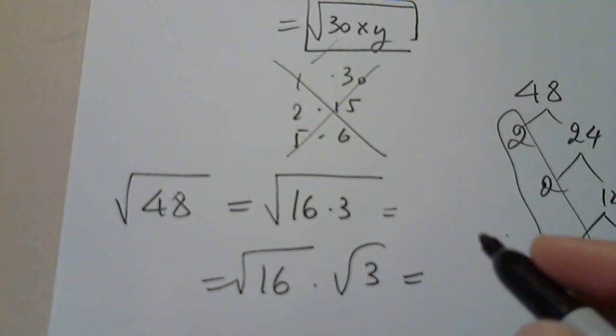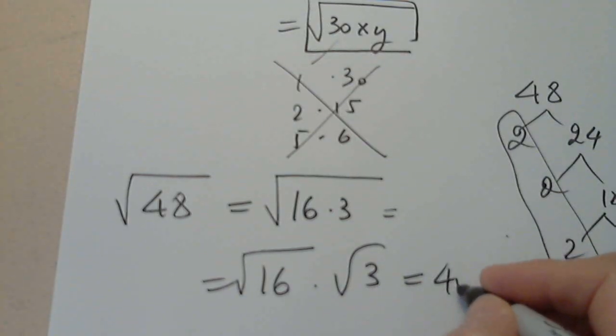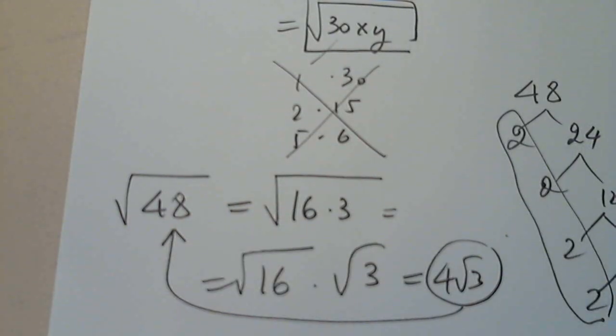The square root of 16 is 4. That's it. 4 the square root of 3. This is the simplified form of the square root of 48.